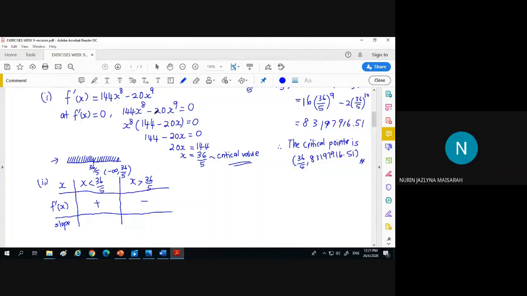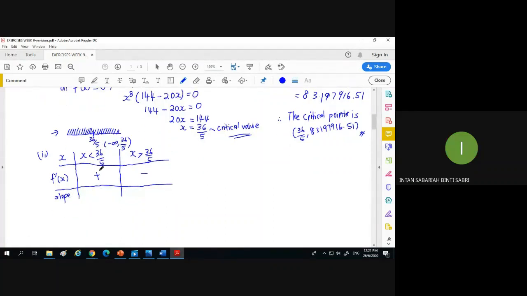So let's see the slope. If positive, the slope is increasing. If negative, it is decreasing. f prime x, which you learned in the application chapter before, is the slope or gradient. If positive, the first derivative is increasing; if negative, f prime x is a decreasing slope.